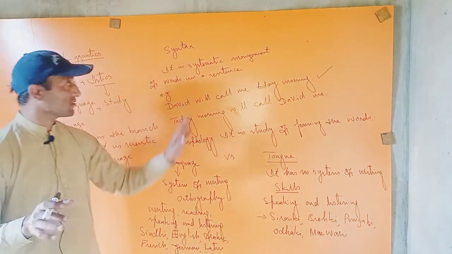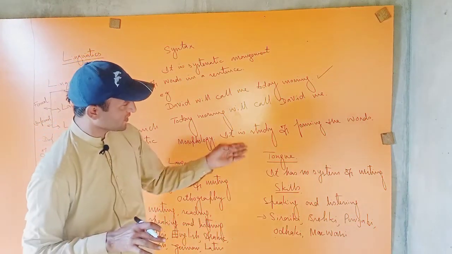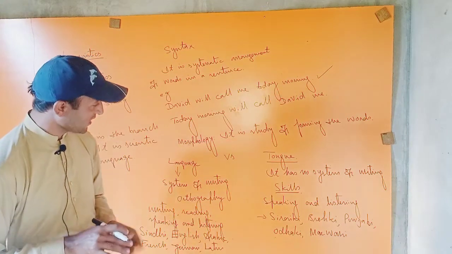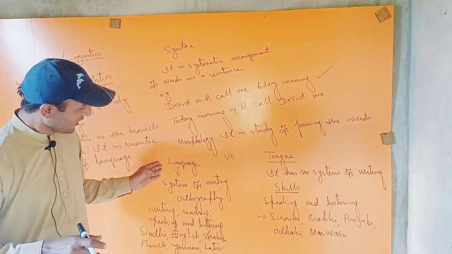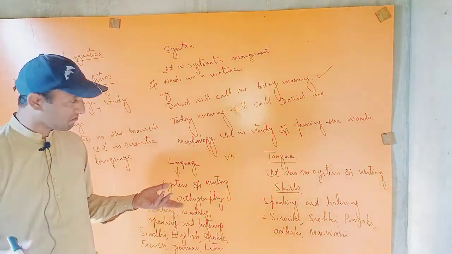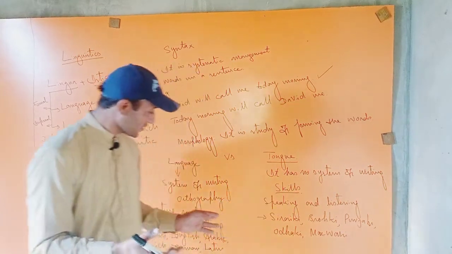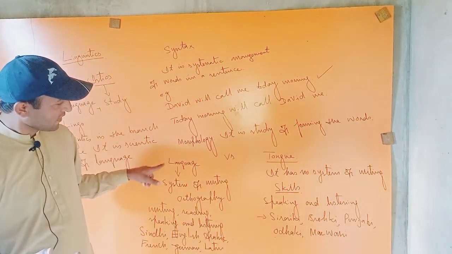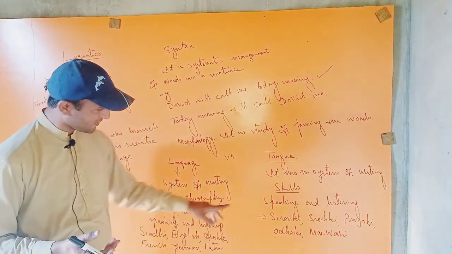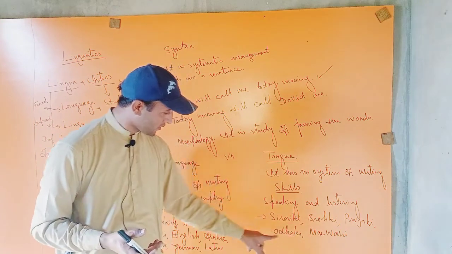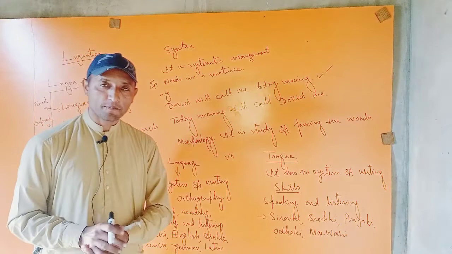Syntax means systematic arrangement of words, and morphology is the study of forming words. Then we have language and tongue. In language we have a system of writing, but a tongue has no system of writing. So we can write a language, but we cannot write a tongue; we just speak and listen. You will see the examples on the board, and that was my tutorial lecture.